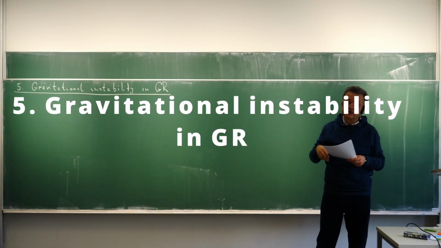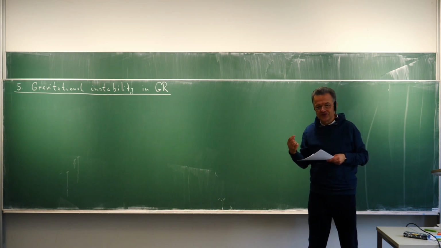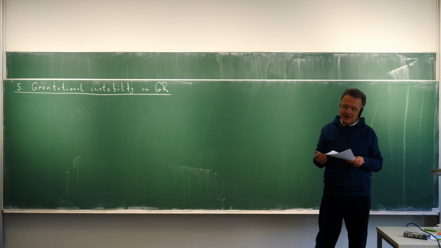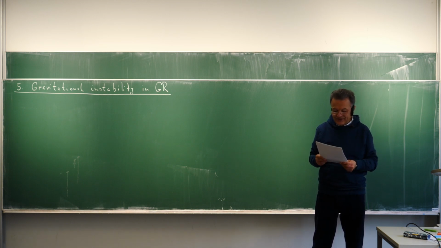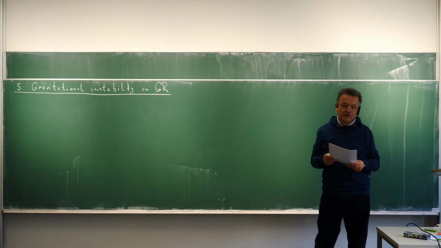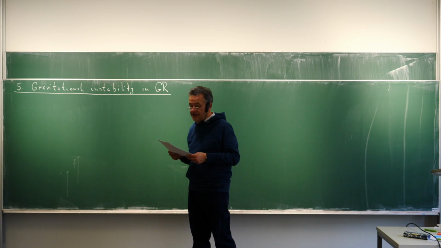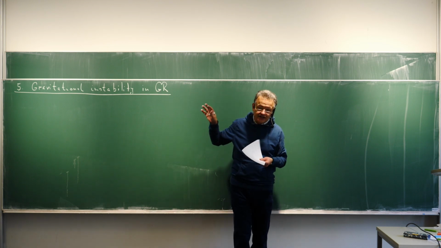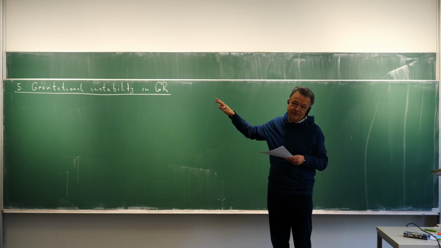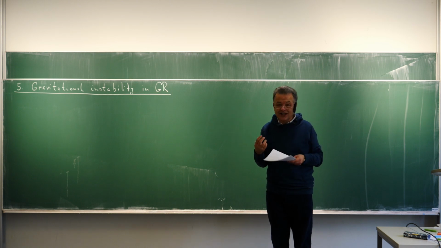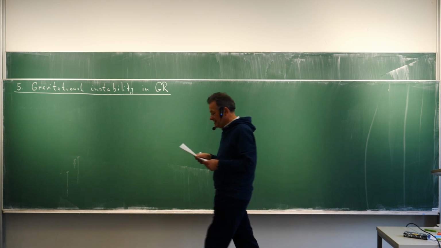So after having finished perturbation theory for the Newtonian case, for the real Newtonian case with a static universe, and also for the Newtonian case applied to an expanding pressureless universe, we now move to the real thing, namely discussing gravitational instability in GR. You will see that many of the earlier features will also occur here, but as you know from GR, with more complicated equations and also some more complicated concepts.